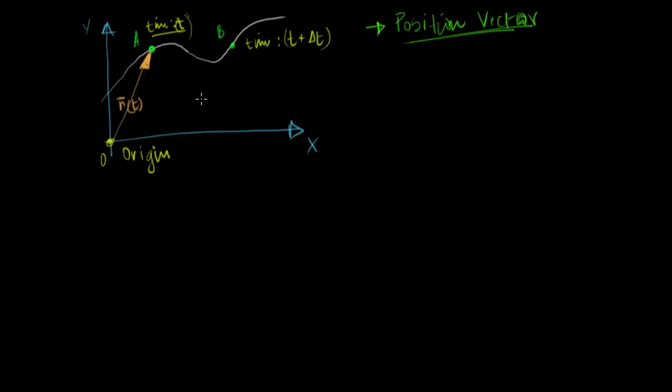Now when the clock strikes time t plus delta t, the particle is at B. So we're going to draw what the position vector looks like when the particle is at point B. It's going to be the line joining O and B in this manner. This would be the position vector at time t plus delta t, so this would be r of t plus delta t. Alright, so those are the position vectors of the particle at point A and point B.